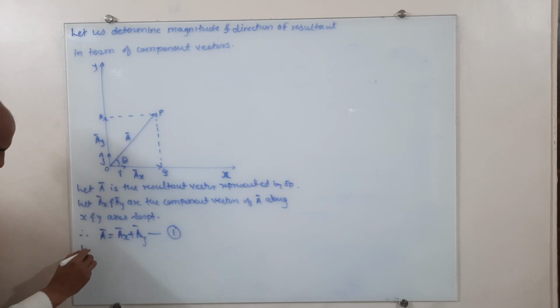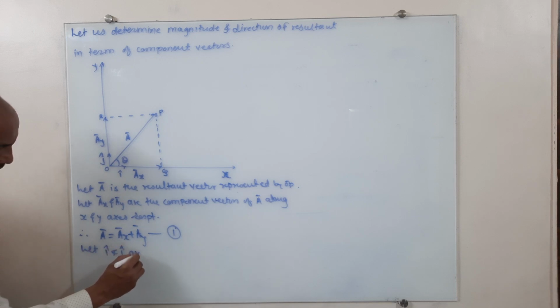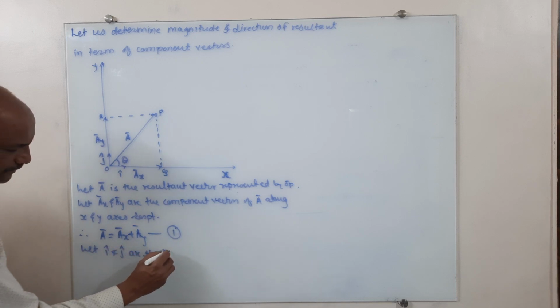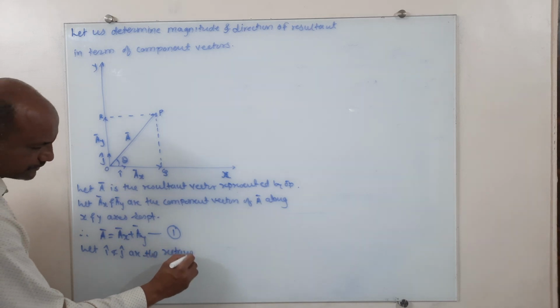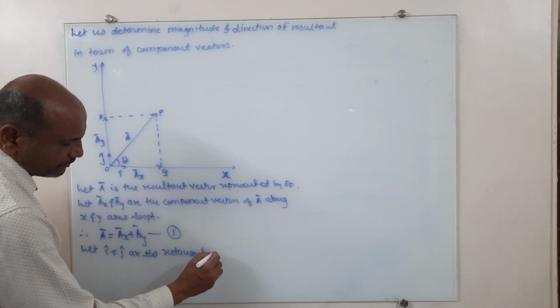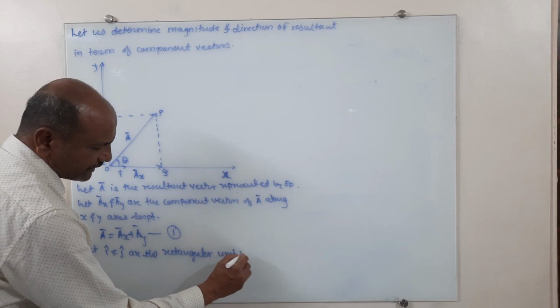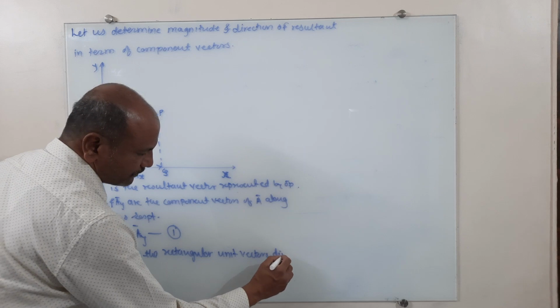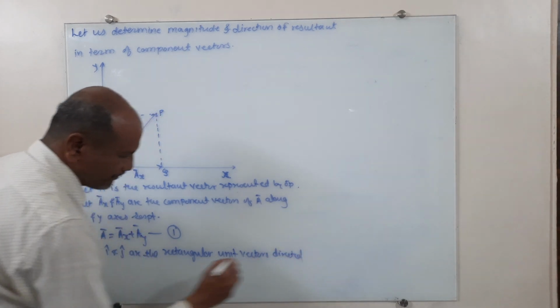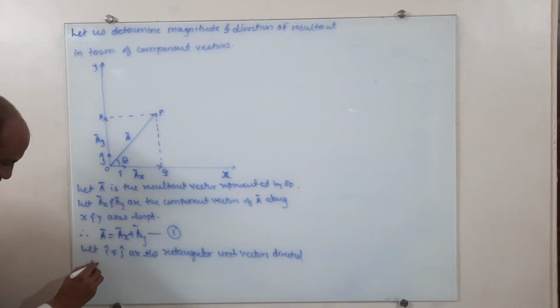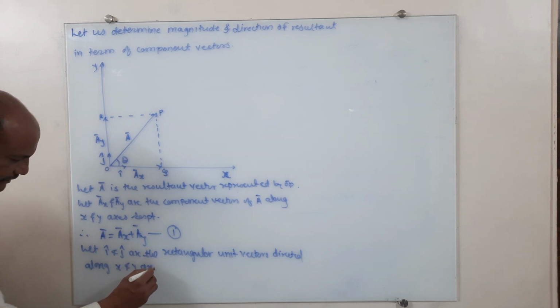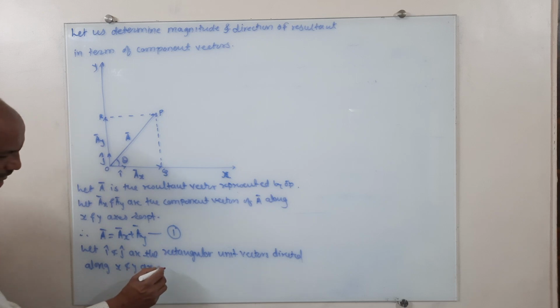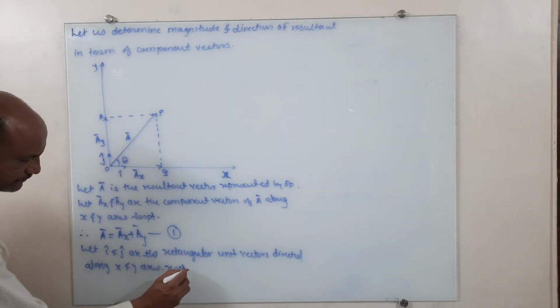Let i cap and j cap be the rectangular unit vectors directed along x and y axis respectively.